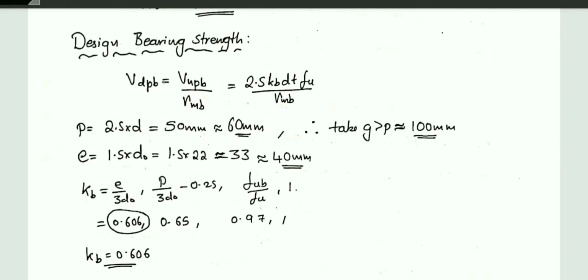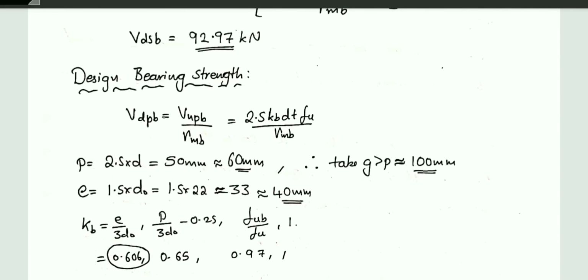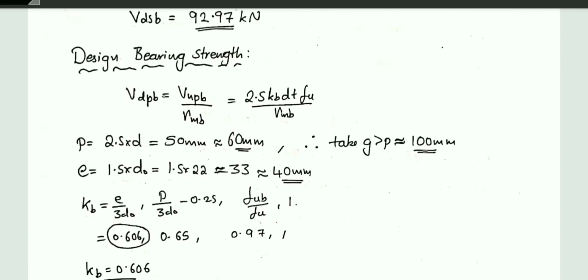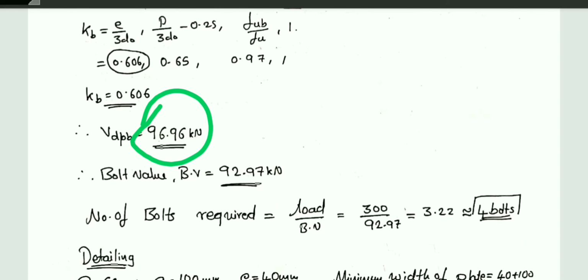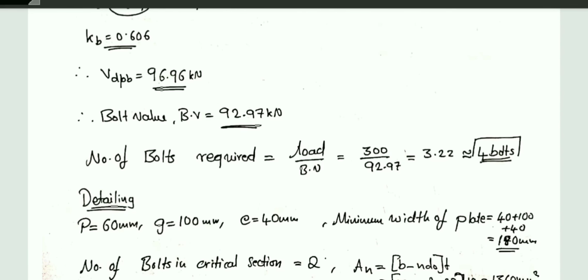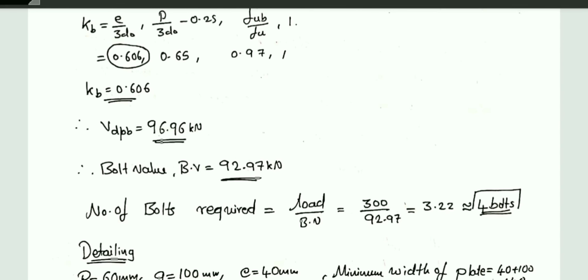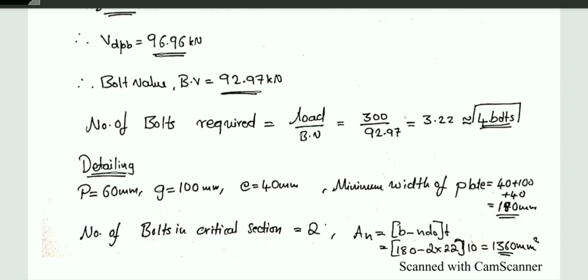Pitch is 60, edge is 40. By calculating all the values, you will get Vdpb as 96. But the bolt value is the minimum of shear strength and bearing strength, so we take 92.97. The number of bolts required is load divided by bolt value: 300 divided by 92, so 4 bolts are required.